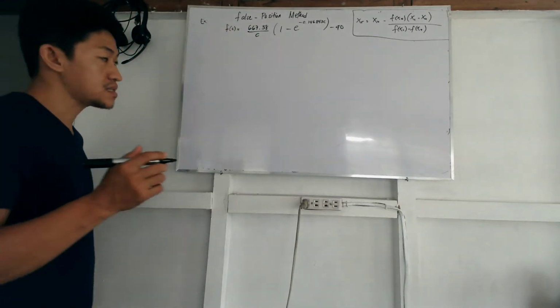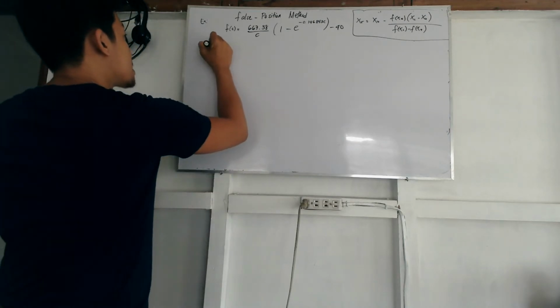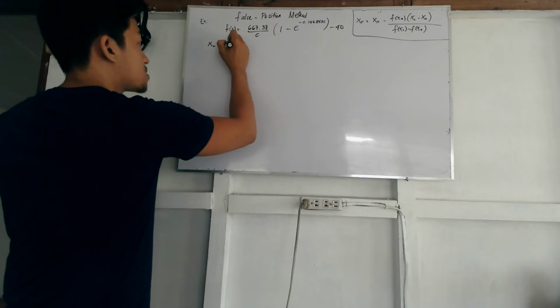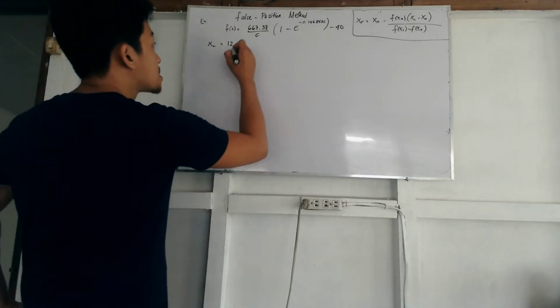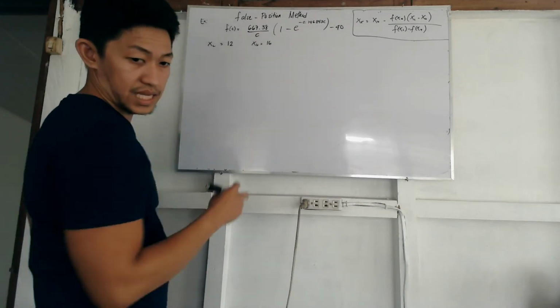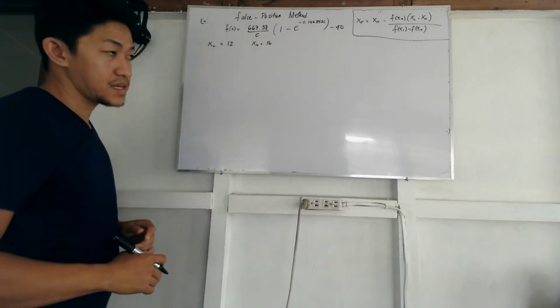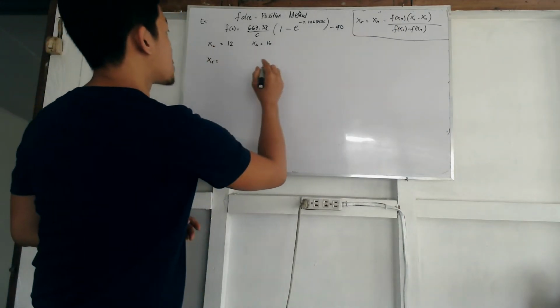Okay, so the first step is again select XL and XU. So from previously, what we used is XL equals 12 and XU is 16. Then solve XR using this equation.